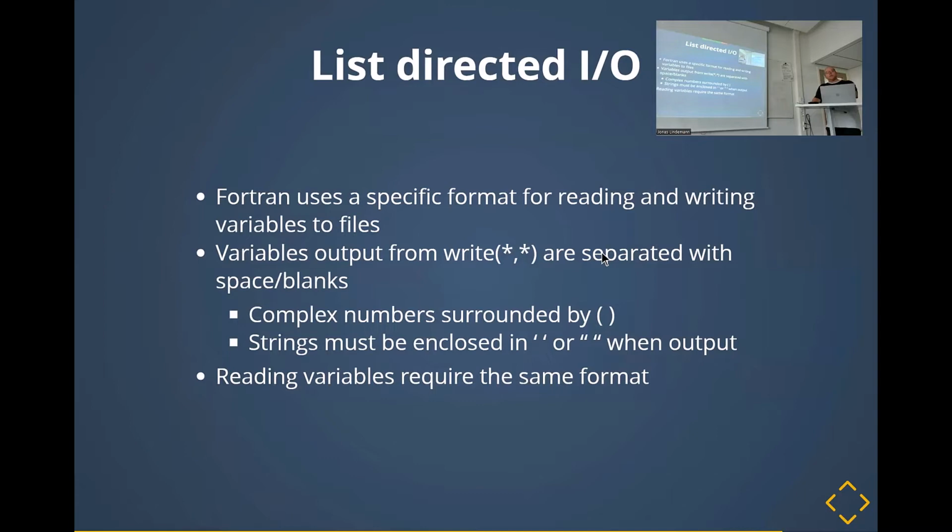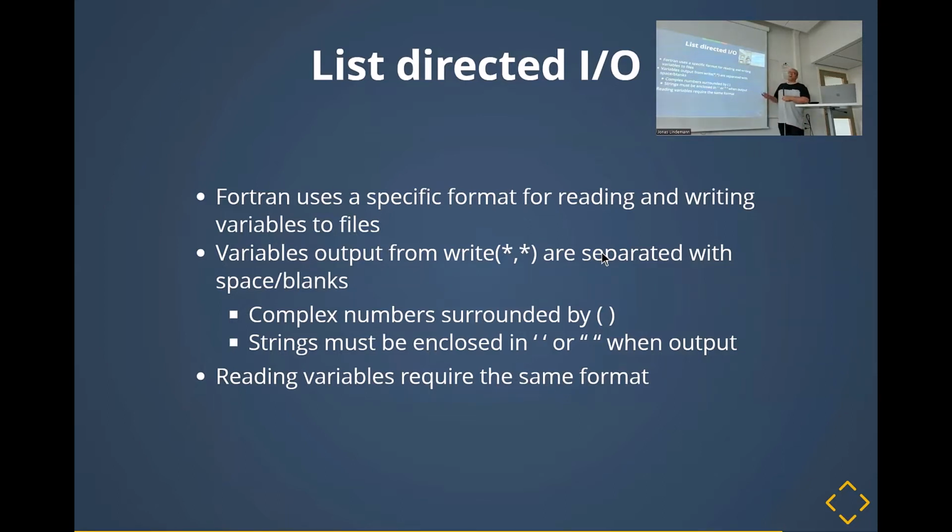So if you write a variable to disk, it will convert it from a floating point to a text representation. And that is done in the write statement. And when you write out your variables, they will be separated with spaces and blanks in the files. And if you write out complex numbers, they will be surrounded with parentheses. Strings will also, you have to have either single apostrophes or double quotes when you output them.